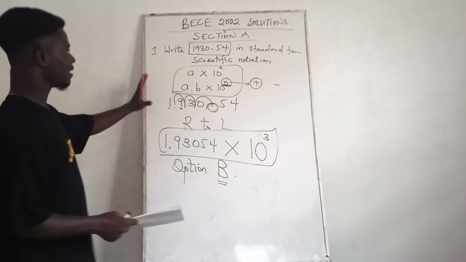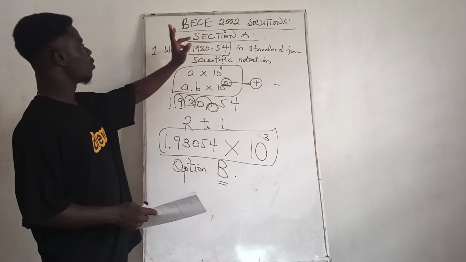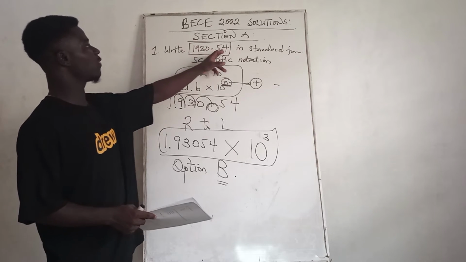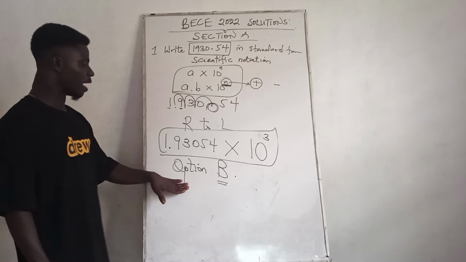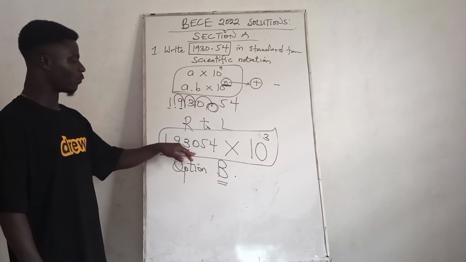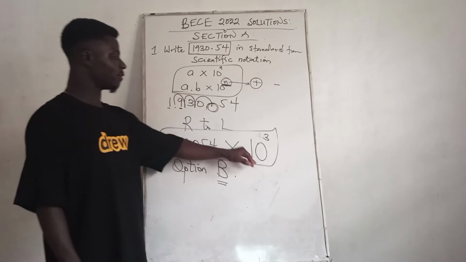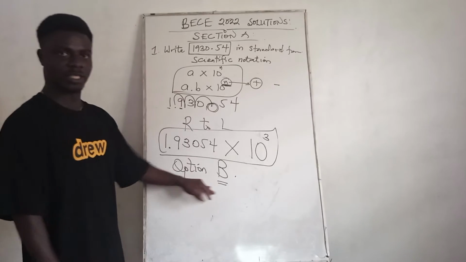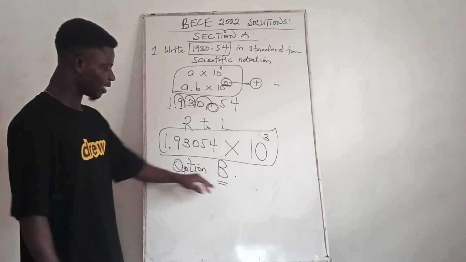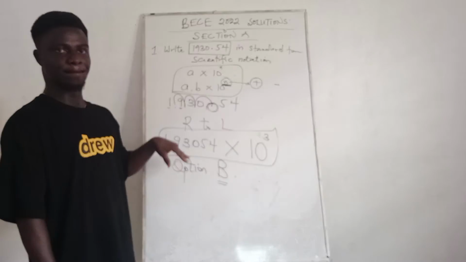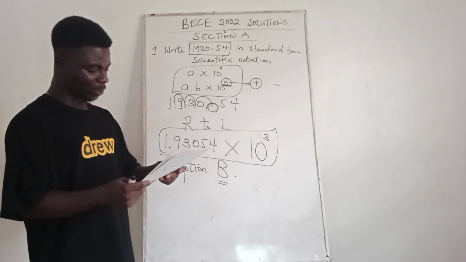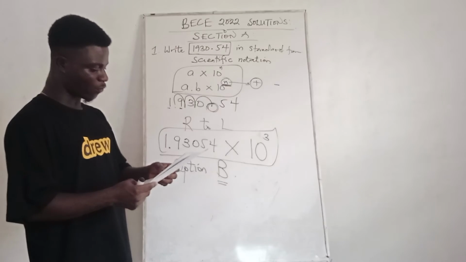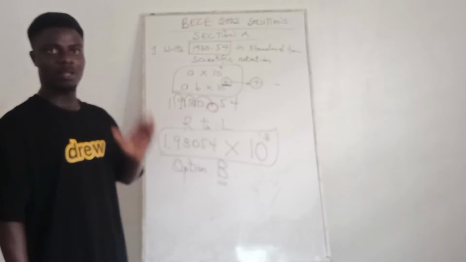So that's it. If you want to write 1930.54 in standard form, then we have it as 1.93054 times 10 to the power of 3. Then the option you must shade is option B, which is 1.93054 times 10 to the power 3.